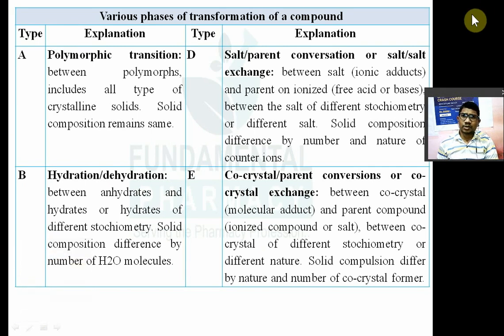Various phases of transformation of a compound: how a compound is converted from one form to another form. जैसे for example crystalline, amorphous form होता है. So what type of transformation?